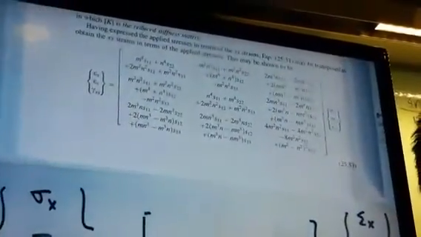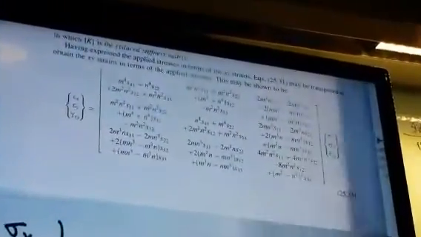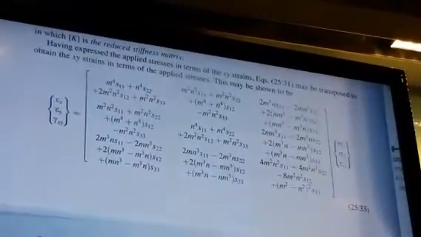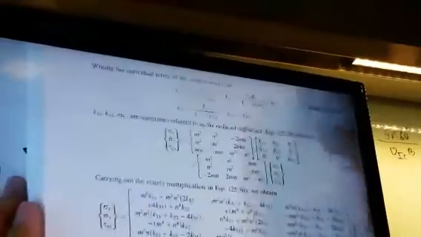I'm going to give you what Q11, Q12 are. You didn't want to write all that? Actually, Q12 is here. I'm going to scan this page for you. You see, Q11 is here, Q12, Q21 is here, Q22 is here, Q33 is here.